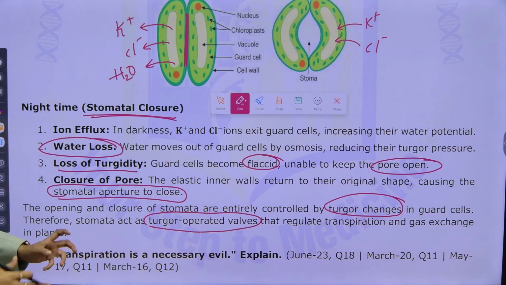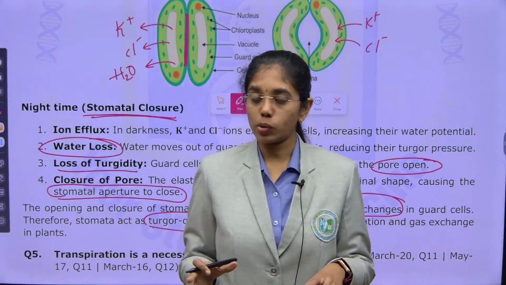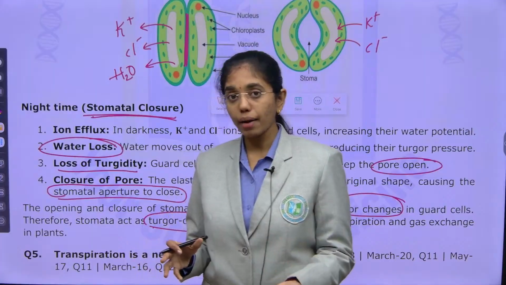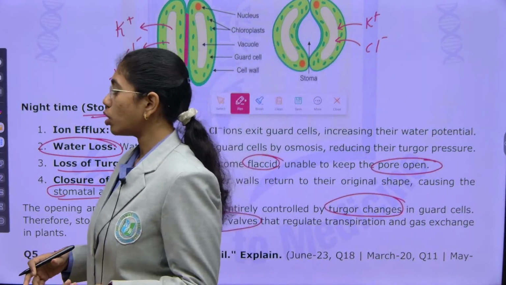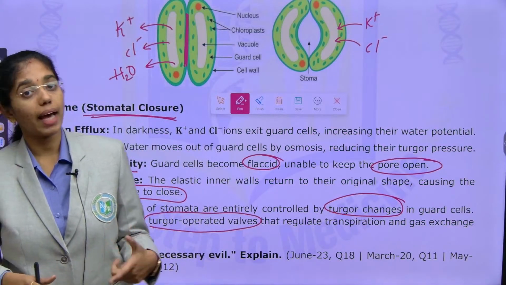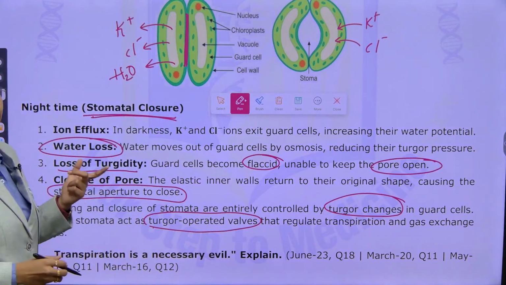So, you have to clearly explain the mechanism of stomatal opening and closing. It will be far better if you highlight terms like photoactive stomata and scotoactive stomata, based on the time they are opening. This is the complete detail about stomatal opening and closure.